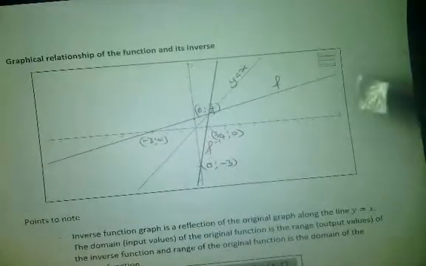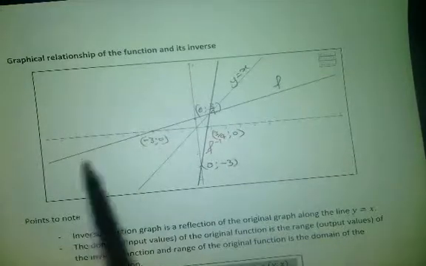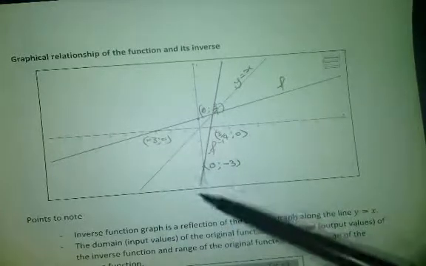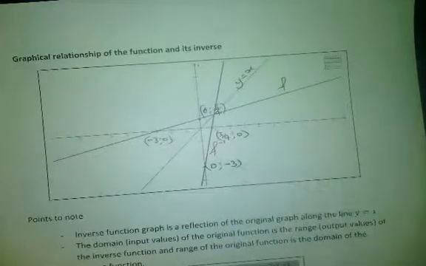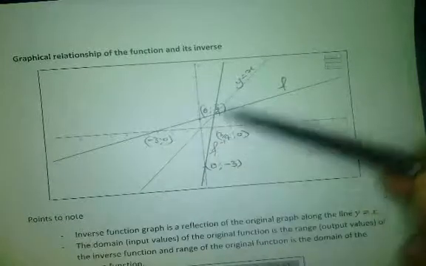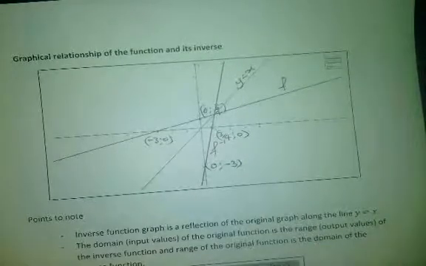You can note the relation between these points, that for the function it's negative 3, 0. For the inverse it's 0, negative 3. That means that interchanging of x and y is all that happens when you want to draw the graph of the inverse. Alright, and also remember that there should be a reflection along the line y is equal to x.